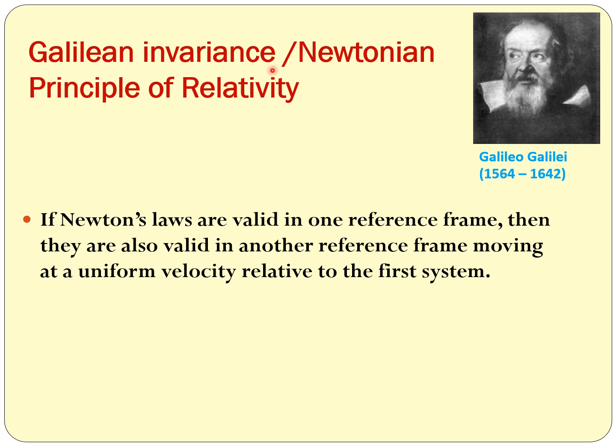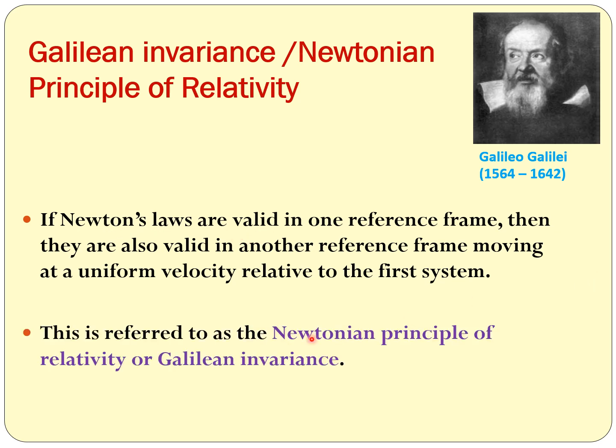Now, what is Galilean invariance? Galileo was a scientist who gave some equations in classical mechanics. If Newton's law is valid in one reference frame, then it is also valid in another reference frame moving with a uniform velocity relative to the first system. It means that in inertial systems Newton's laws are valid in all frames of reference, and this is referred to as the Newtonian principle of relativity or Galilean invariance.